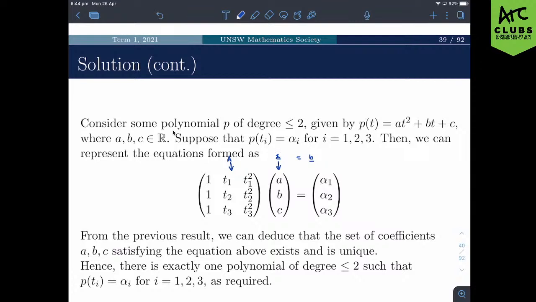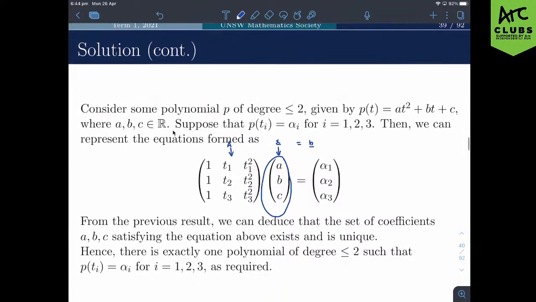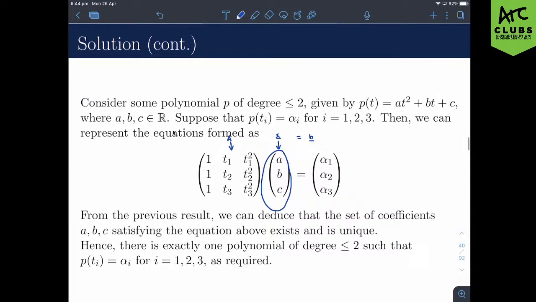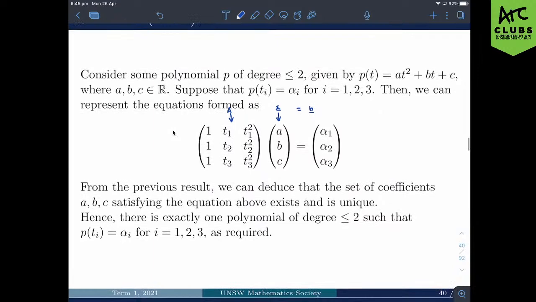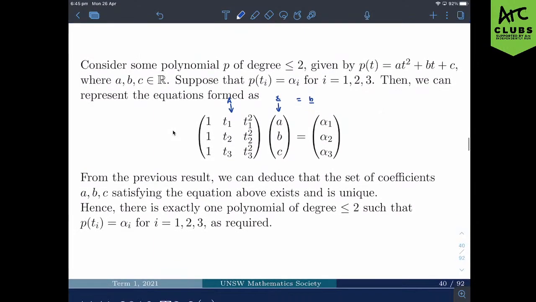And so therefore, this set of coefficients must be unique. We reason that out because the determinant of A is non-zero. So since the set of coefficients has to be unique, then the polynomial has to be unique as well.